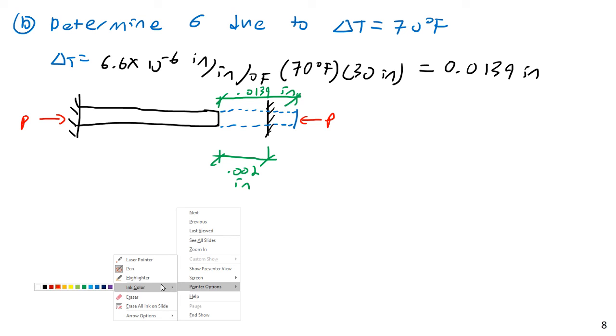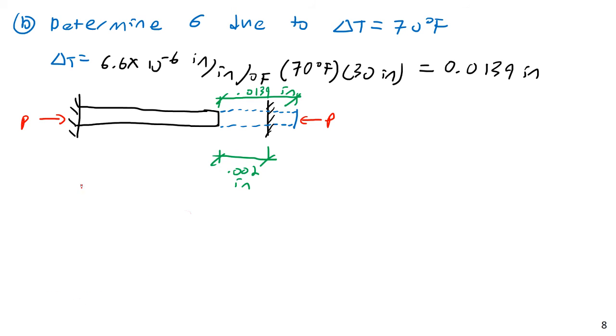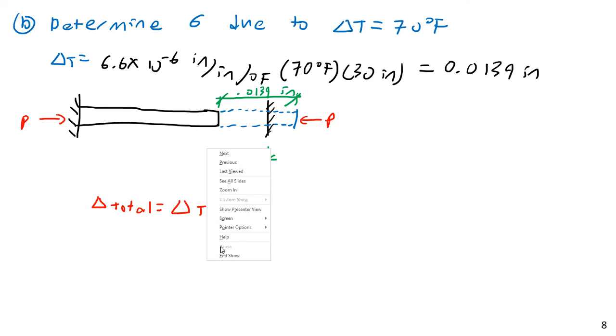So we're going to go back to our delta total equals delta T plus delta P equation, and work through the equations here.